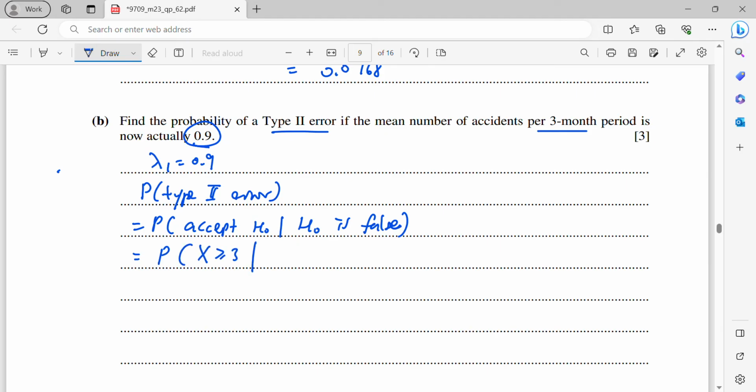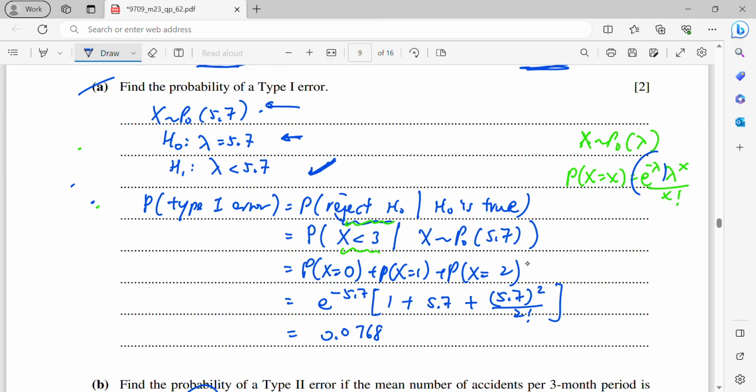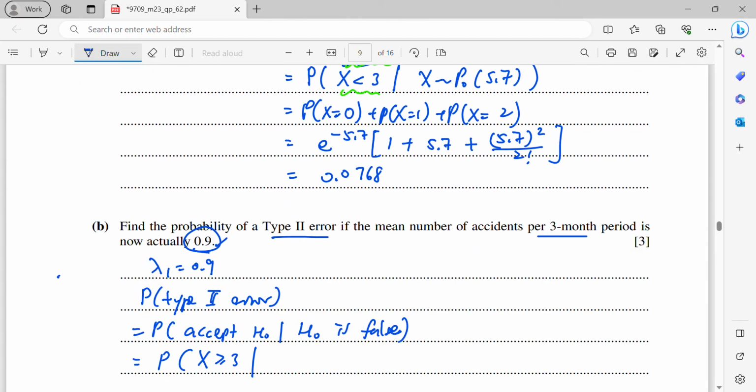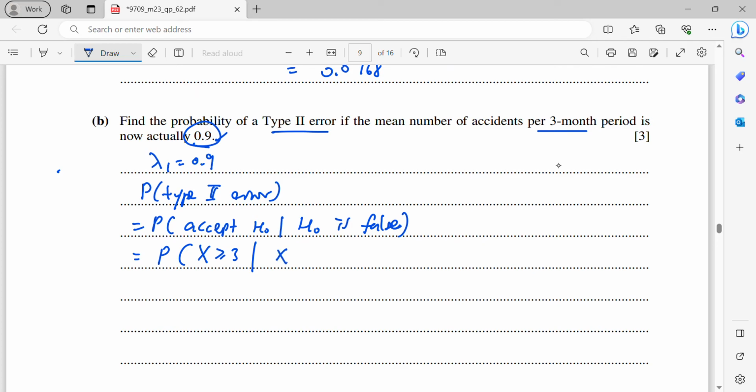Okay, H0 is false. If H0 is false, we conclude that lambda is less than 5.7. That's why you are given the actual value of 0.9. So now I will write that X is Poisson distributed with mean 0.9, because H0 is false. Now P(X at least 3) covers 3, 4, 5, 6 until infinity.